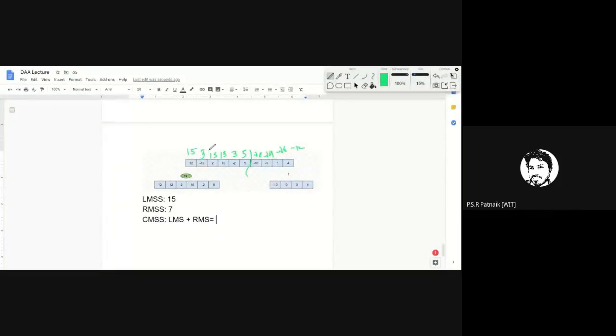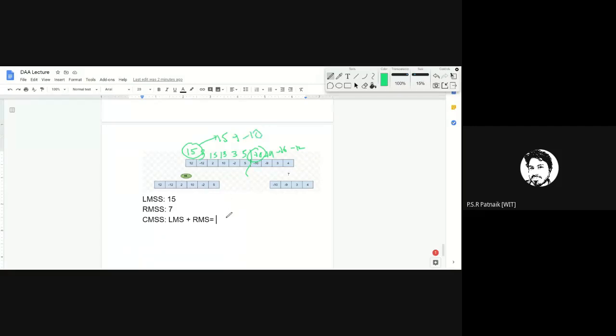So what is the maximum from this? It is 15. What is the maximum from this? Minus 10, minus 19, minus 16 or minus 12, what is the maximum? The maximum is minus 10. So you get minus 10.